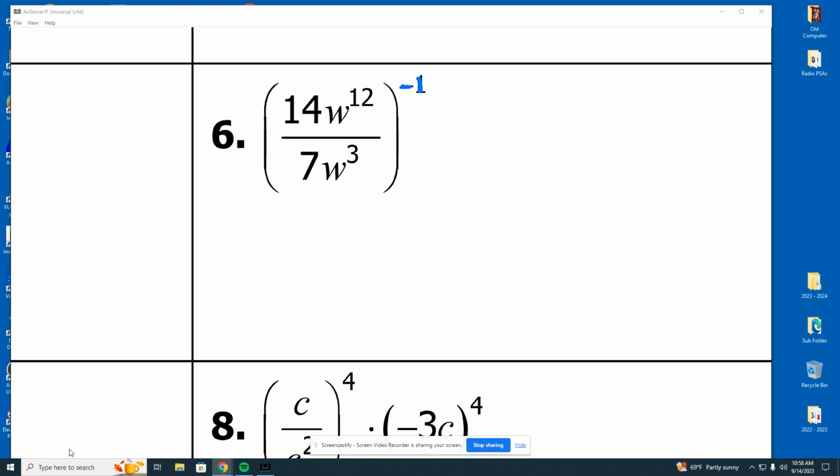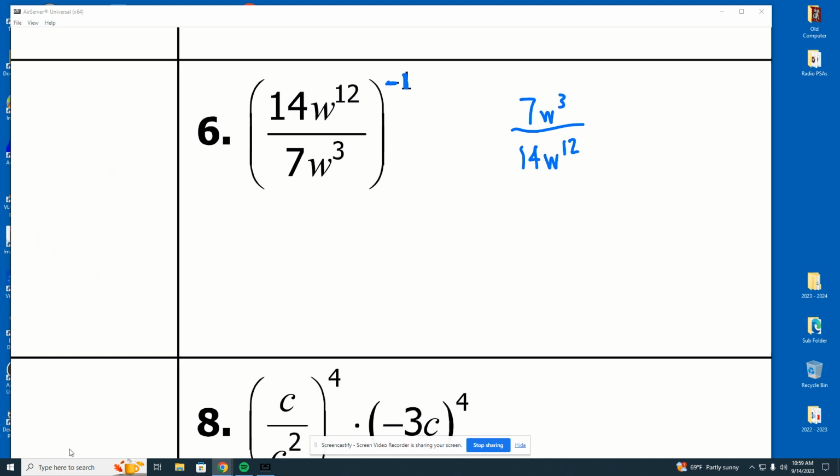Well, the numerator needs to move where? To the denominator, and the denominator needs to move to where? The numerator. So it needs to flip. And when I flip it, doesn't it change that negative exponent to positive? So if it changes it to positive 1, does positive 1 even really help me?